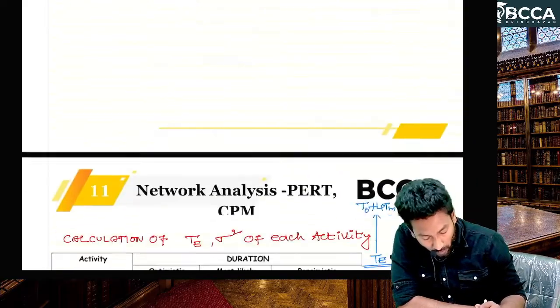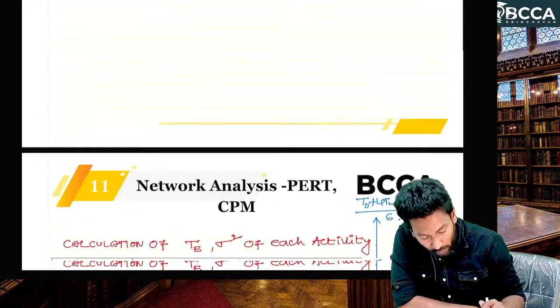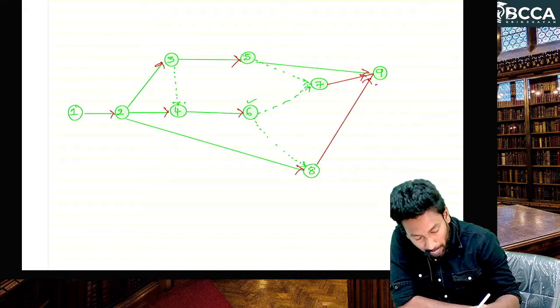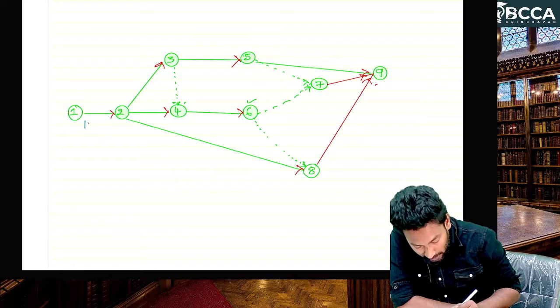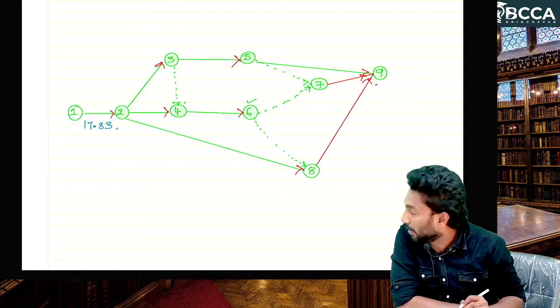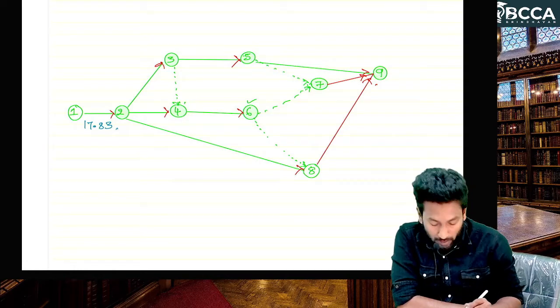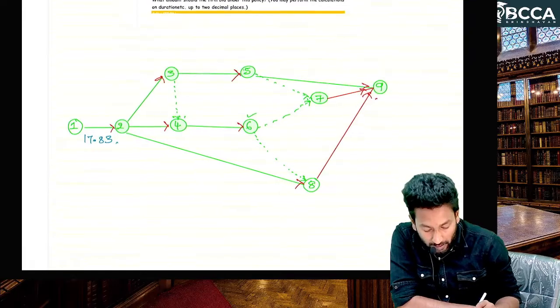Now, the expected time of activity 1 2 is 17.83. Write this here. No need to calculate variance directly. First let us identify the critical path.